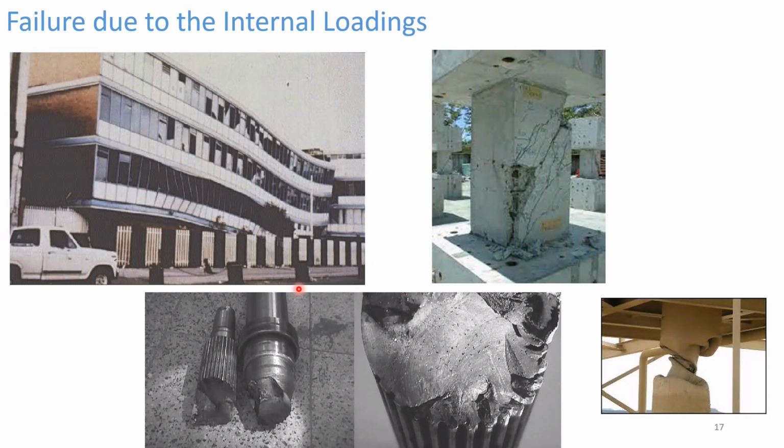Also, sometimes you may have heard of bridges falling during a march past. What is the main cause of that? Because of the march past, there is a scenario called resonance.